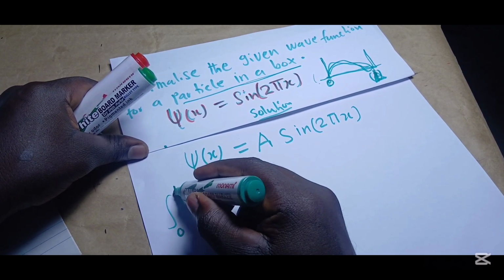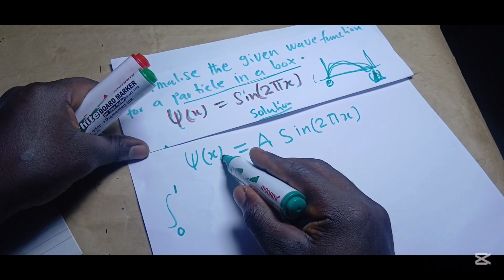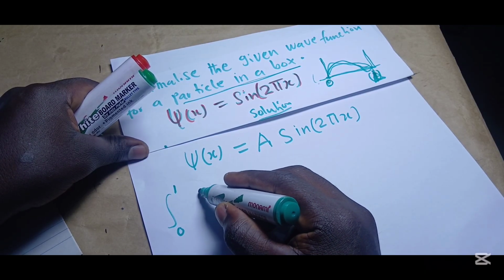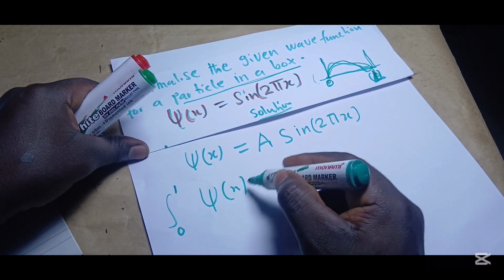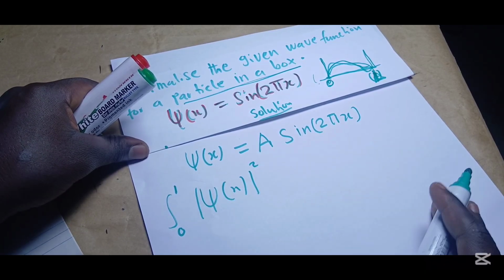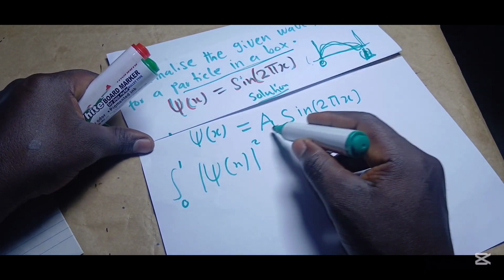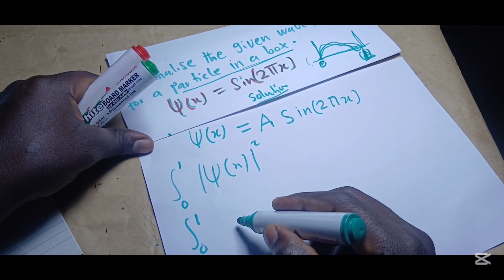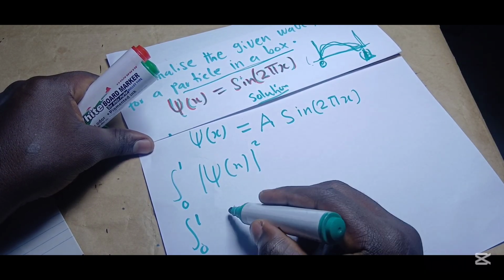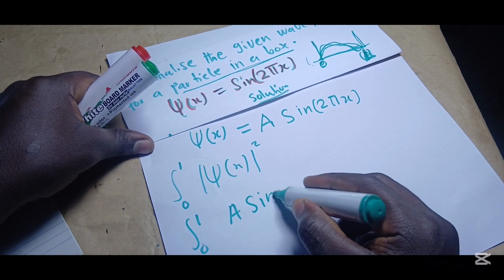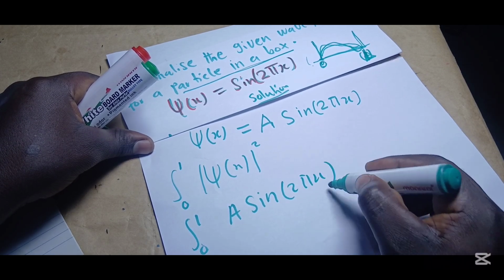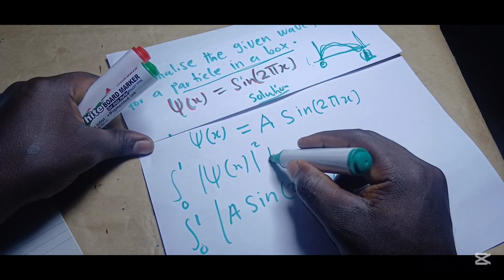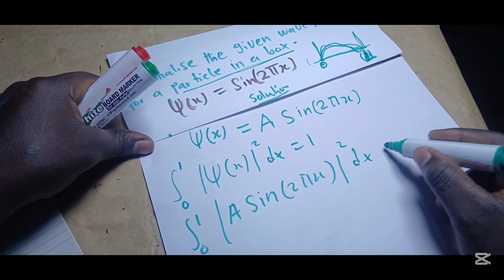So 0 to 1, we are integrating psi of x squared, so the absolute value of psi of x squared. And this is the same as that over here. So the integral from 0 to 1 of A sine 2 pi x all squared dx should be equal to 1.